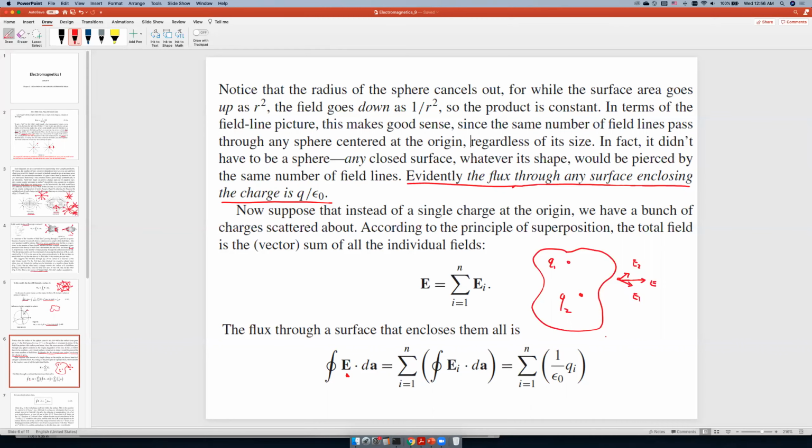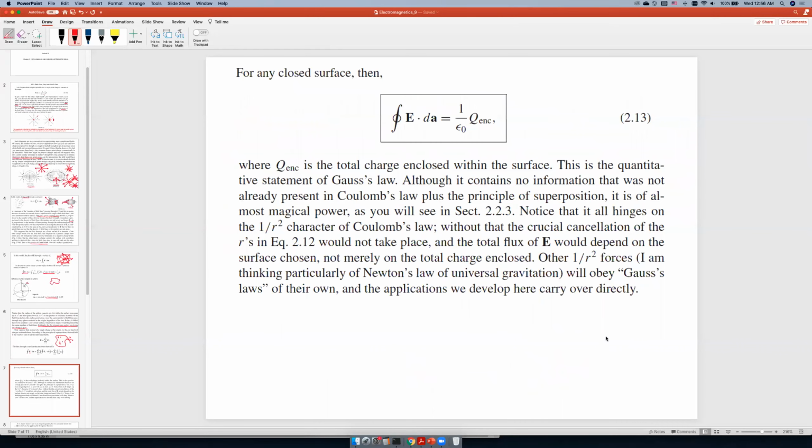You will get the total flux. So for any closed surface, the flux equals Q over epsilon 0, and Q is the entire charge, or the net charge, enclosed in the closed surface.